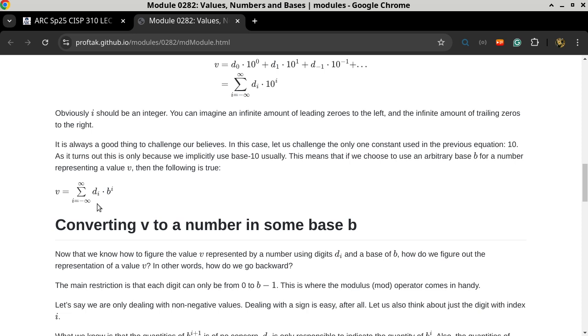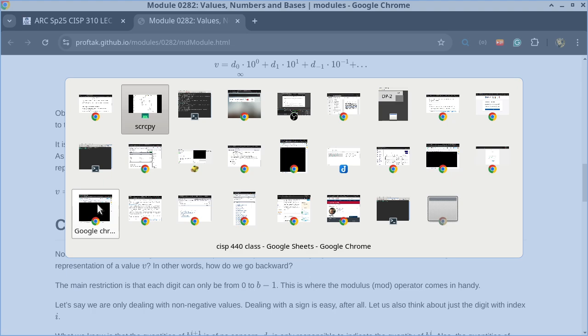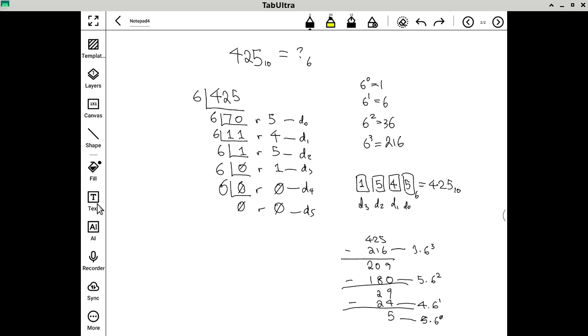Well, I has to be an integer because it is a position, but it can go as negative as you want, and it can also go as positive as you want. Because each number intrinsically has an infinite number of digits. You might go, no, that is not true, because you look at 425 and see there are only three digits here.